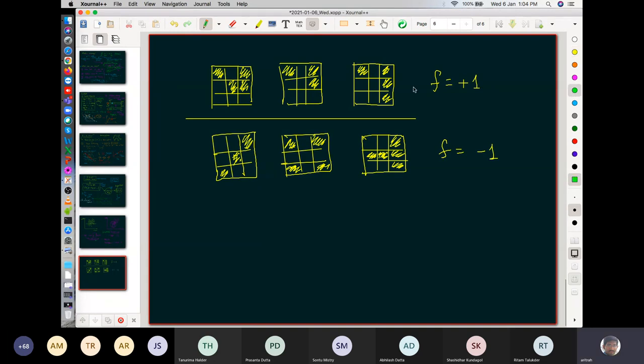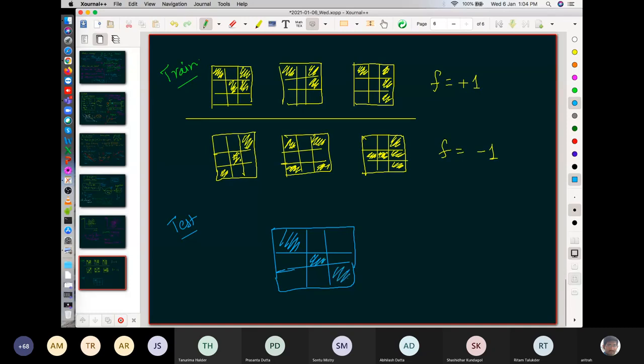These are your training examples. I train within these examples and make my output +1 or -1. Now, in the actual scenario, when the test comes, I give you an example. So what do you think your f would be?